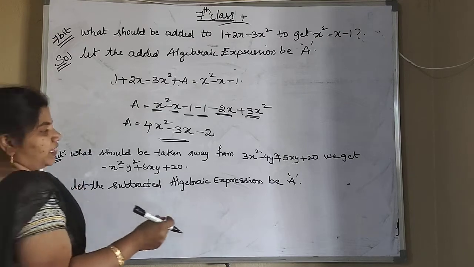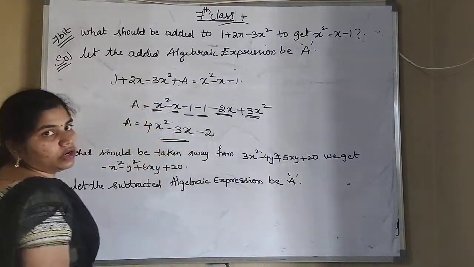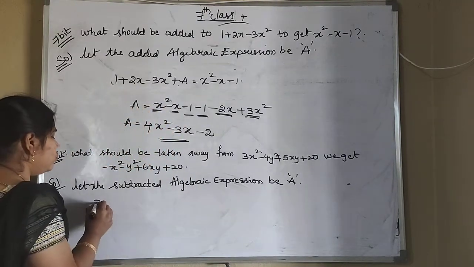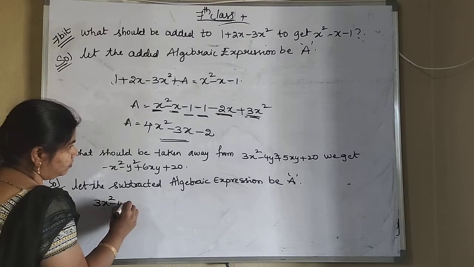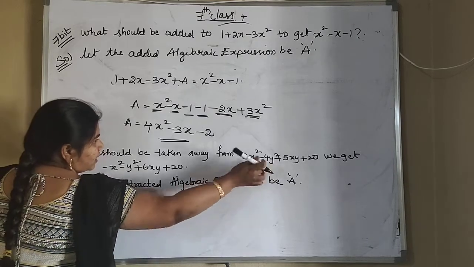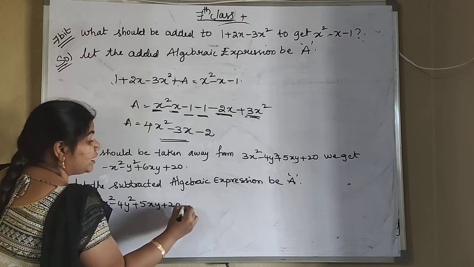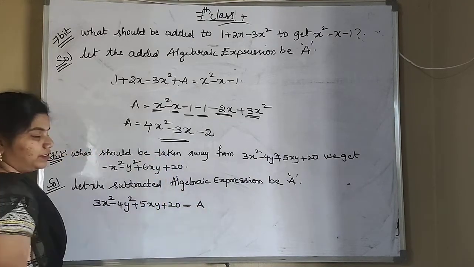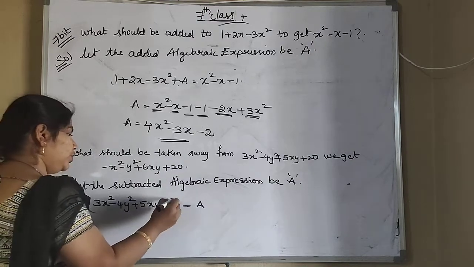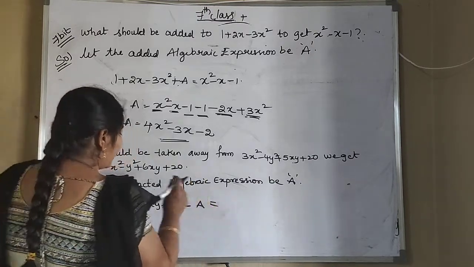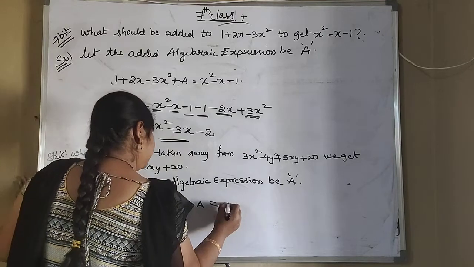Okay, so this A is an unknown expression. So now what we have to do? From this expression, which expression you will subtract to get the result as this?